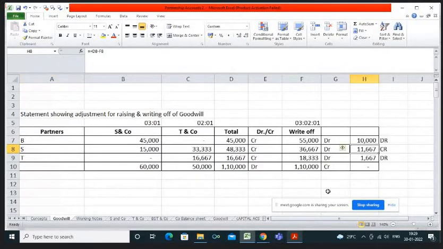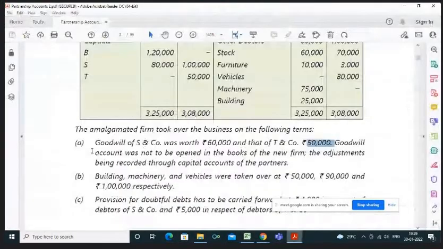So this is the net effect of raising the goodwill and writing off the goodwill. With both entries combined, this will be the journal entry which we are going to pass. So the adjustment given in the question is taken care of.